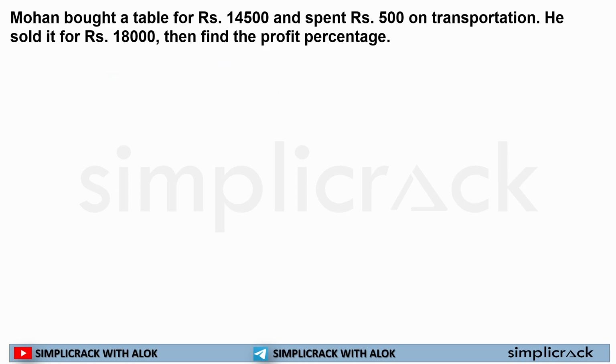So it is saying Mohan bought a table. For Mohan, the cost price of the table, the price he paid, was 14,500. He spent 500 on transportation. So he spent an additional charge, that is 500 on transportation. Now the total cost for him is what? 14,500 plus 500 is equal to 15,000.